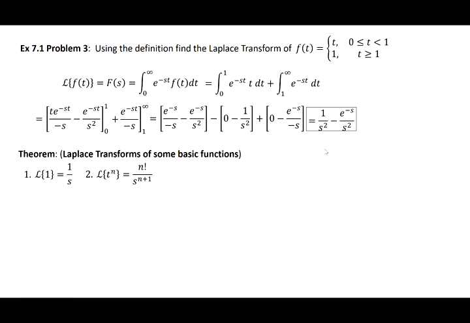N has to be a natural number, a whole number rather. Would that work? Yep. N has to be a whole number here. Whole number meaning it could be 0, 1, 2, 3, 4, 5, 6, and so on. Because n cannot be just any real number.